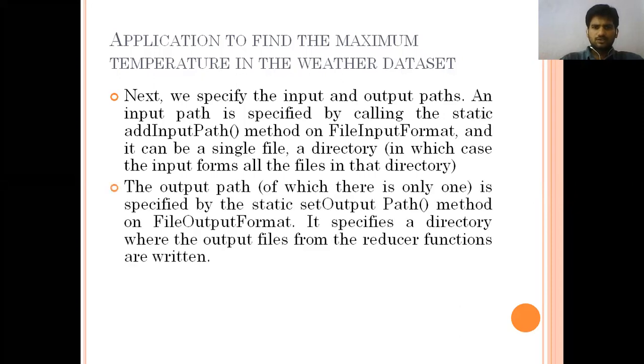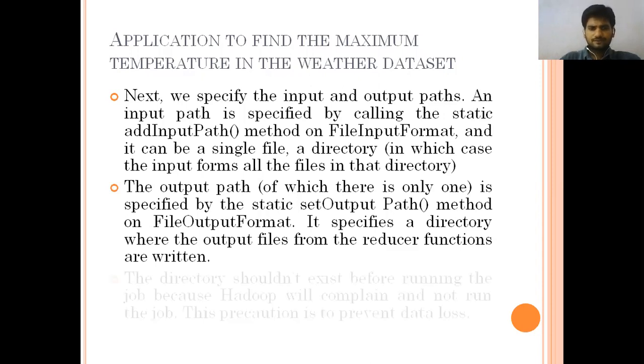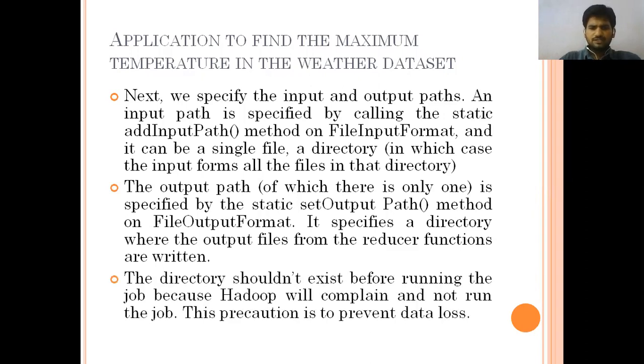So there we specified the input. Same here, we specify the output. The setOutputPath method is in the FileOutputFormat package. Same as the previous one, it specifies a directory where the output files from the reduce function are written. The directory should not exist before running the job, because Hadoop will complain and not run the job.